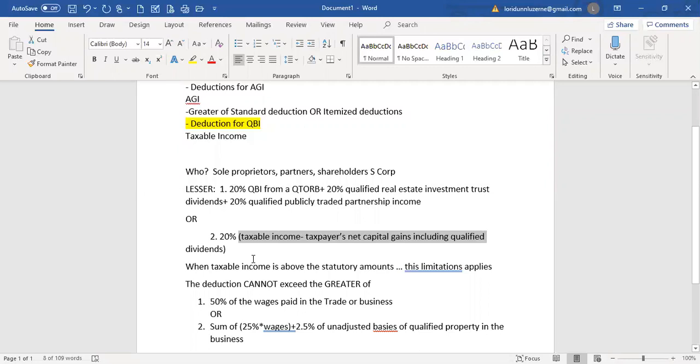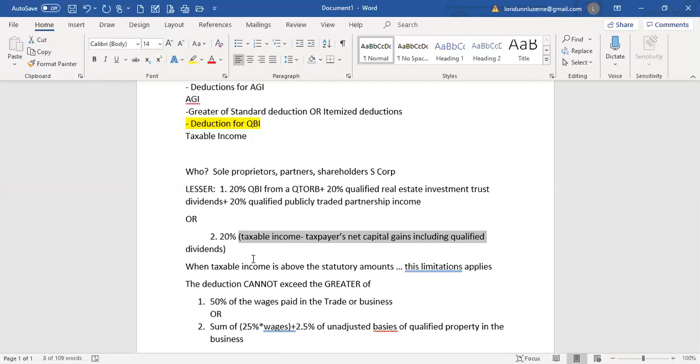Let's take it a step further. Assume Courtney reports now taxable income of $300,000. She has no qualified dividends or capital gains, and her architectural consulting firm generates $75,000 of qualified business income. She has no qualified property and pays $20,000 of wages. What is her deduction?